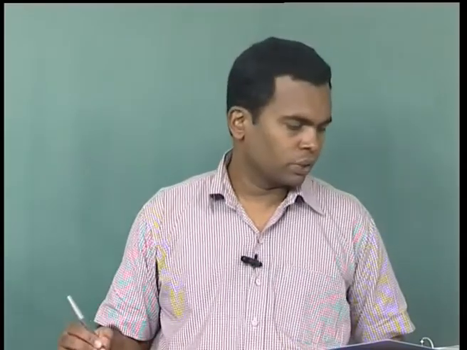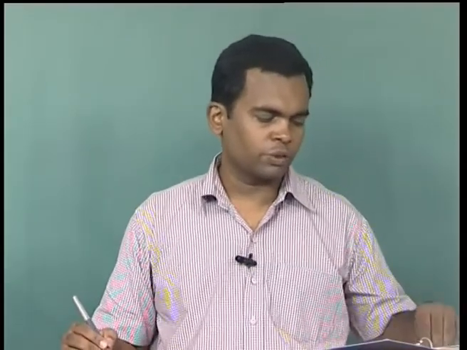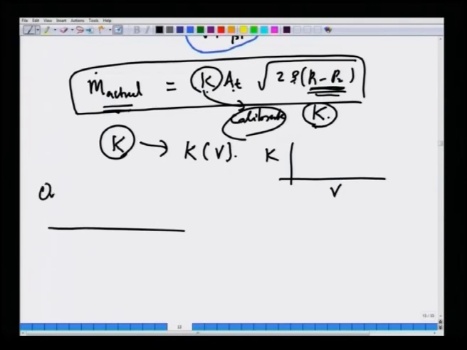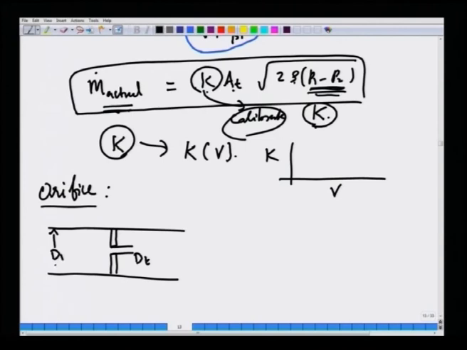Okay. So, what are the types of such flow meters? One is called the orifice meter. Orifice meter is generally a circular disc with a hole, that is an orifice, which acts as a restriction device, okay, D1, and you also have the venturi meter.